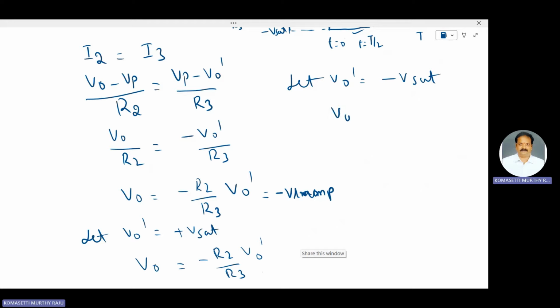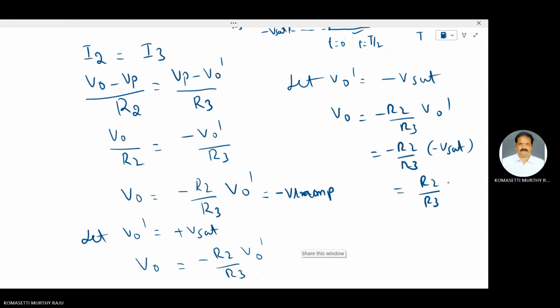V0 is equal to minus R2 by R3 times V0 dash. With V0 dash equal to minus V set, minus into minus gives plus R2 by R3 V set.